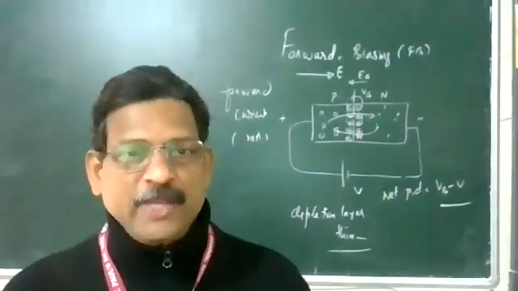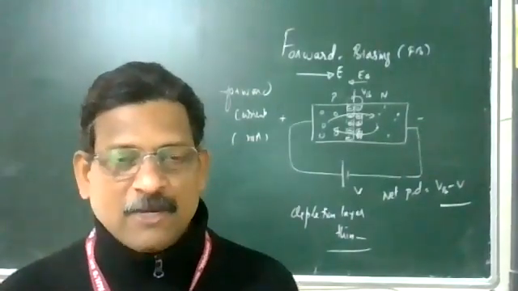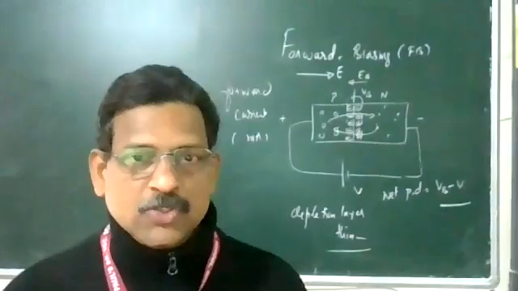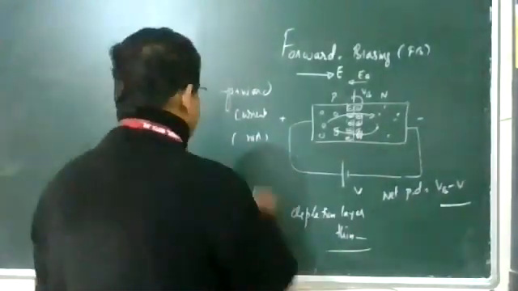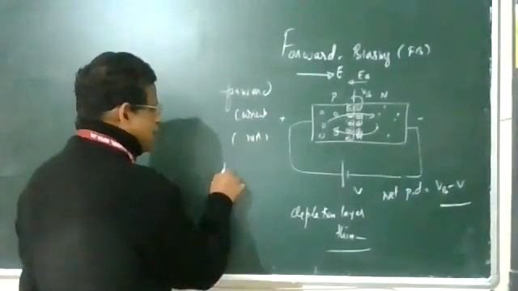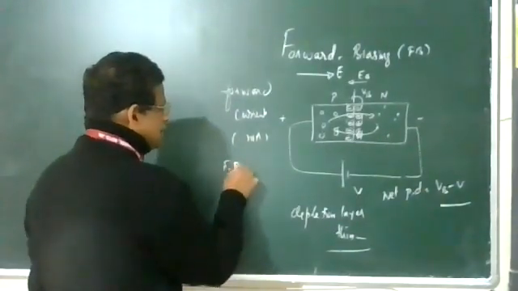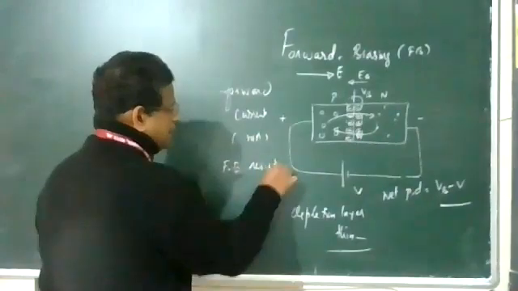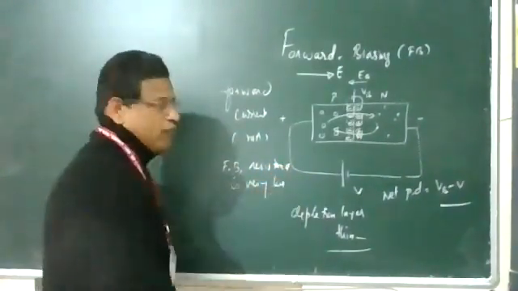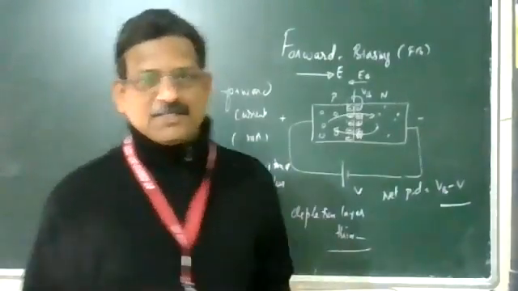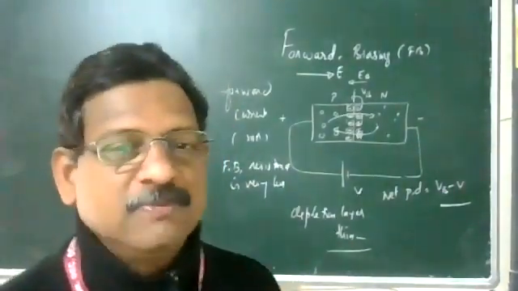Current carriers find it very easy to flow because the applied electric field helps. So the forward bias resistance is very small. For an ideal diode, the forward resistance can be taken as 0.